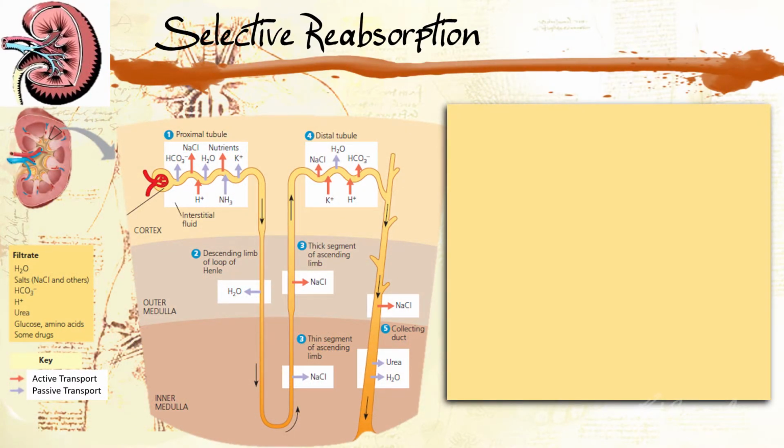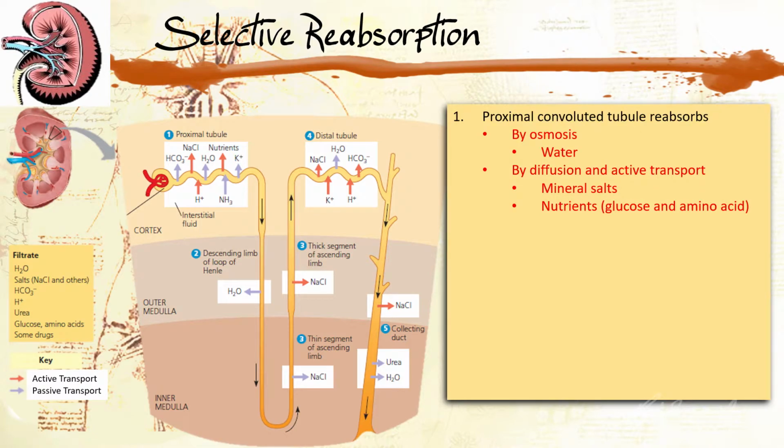After being filtered out from our glomerulus, the filtrate will enter our proximal convoluted tubule. In the proximal convoluted tubule, selective reabsorption will take place. The word selective means that only specific substances are absorbed back.